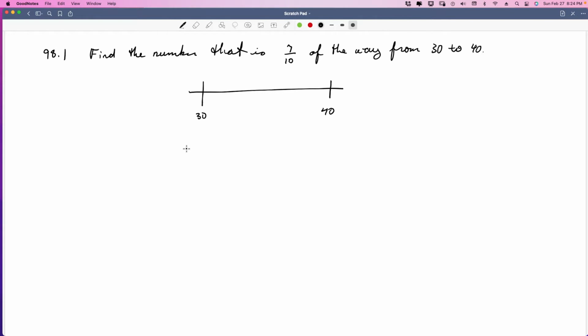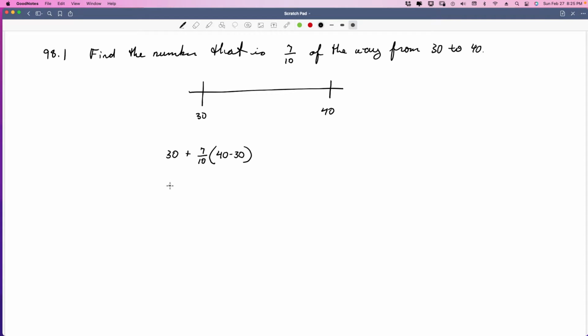I need the starting point, 30, plus 7/10 of the distance between 40 and 30. So we're going to get the range of 40 and 30 right here.